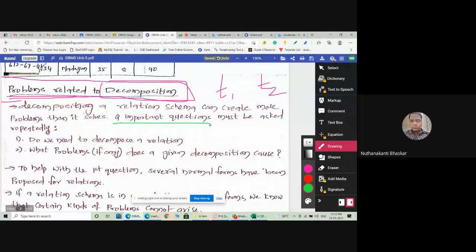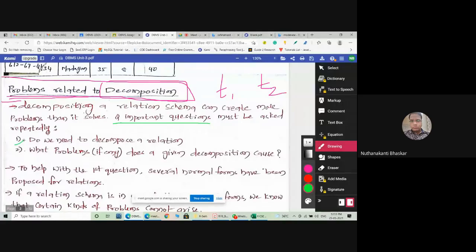If you are not getting the solution, you are feeling a problem, don't go for the decomposition. You can maintain redundant data, not a problem. Because if you lose data because of the decomposition, a lot of information is going to be lost. In a financial application, someone is going to lose millions of money. So before decomposition, you can ask two questions to yourself.